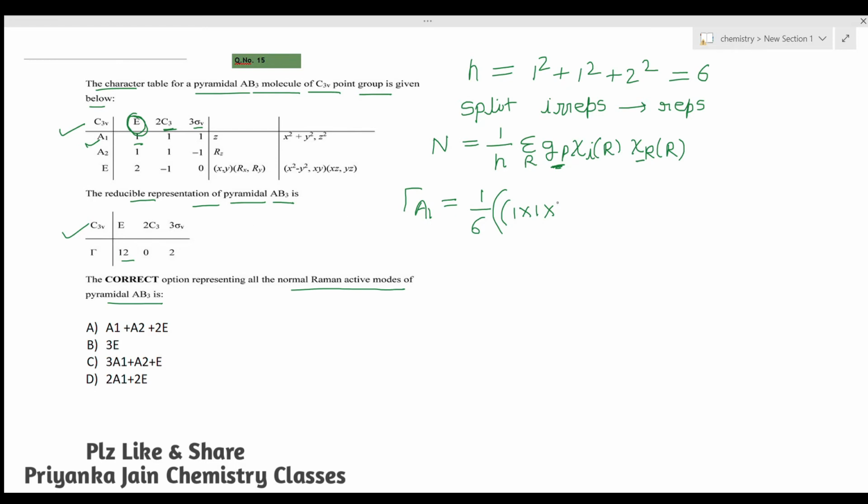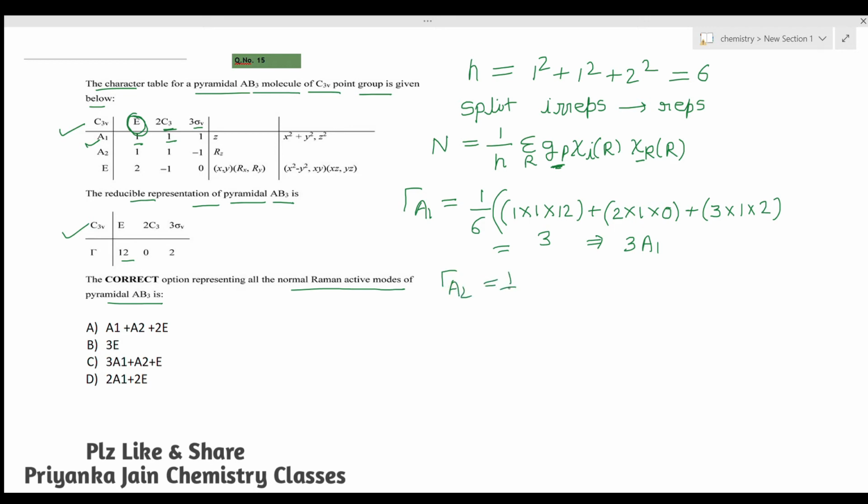Plus, for the next one, g_p's value will be 2, so 2 into 1 into 0. Plus similarly 3 into 1 into 2. What we are getting is 3. It means we can say this is 3A1, right? Similarly we can find out for A2.